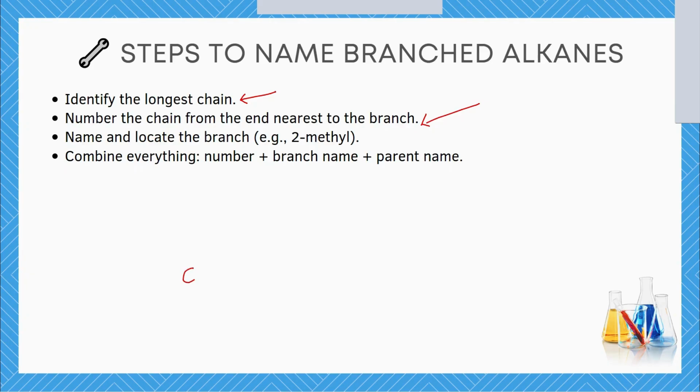If we have 1, 2, 3, 4, and then we have a branch over here, CH3, and then we have CH2, CH3, CH, and then CH3, all of them bonded to each other. If we want to identify the longest chain, we can start counting from here, 1, 2, 3, 4. That will give us 4 carbon atoms.